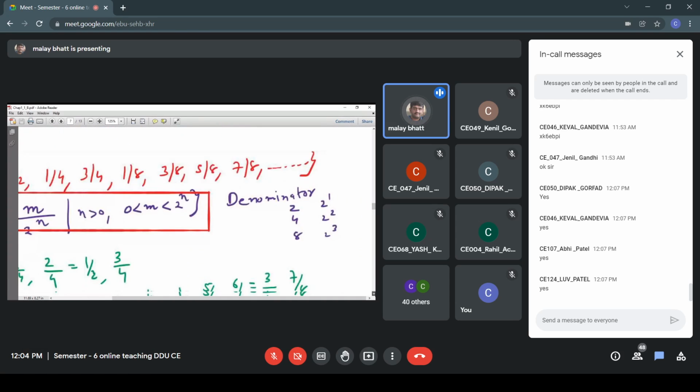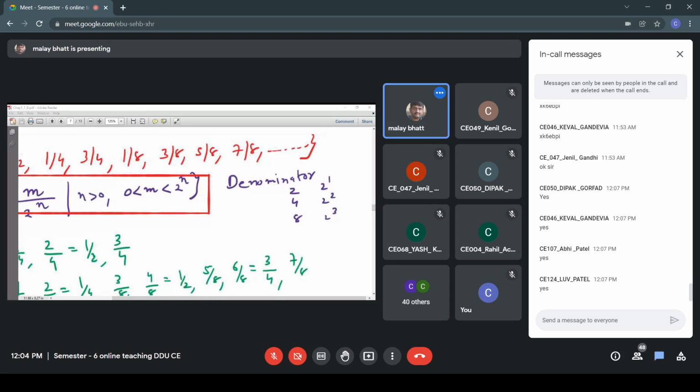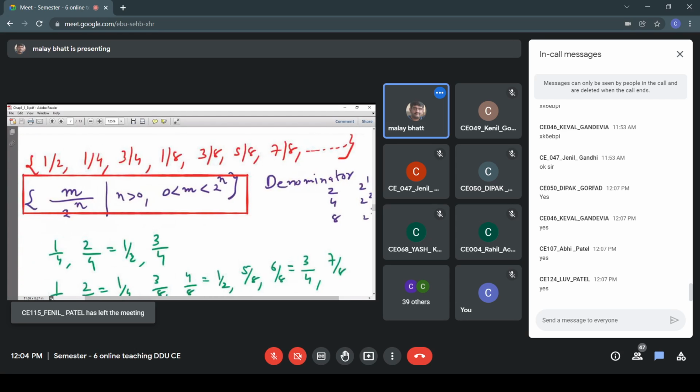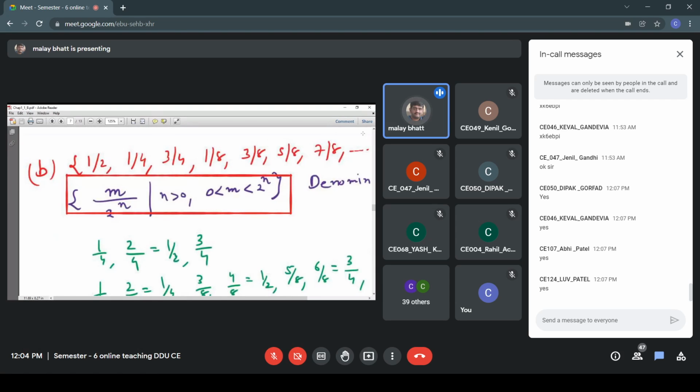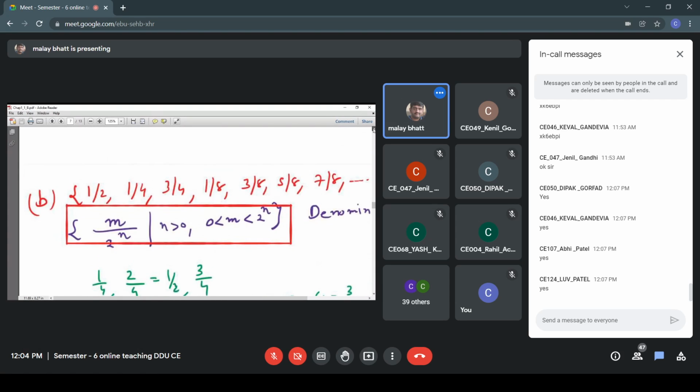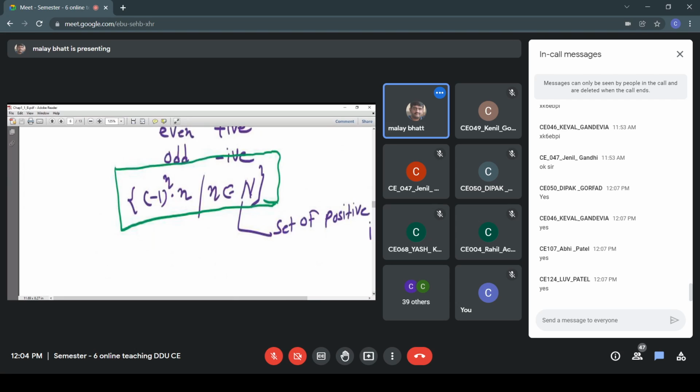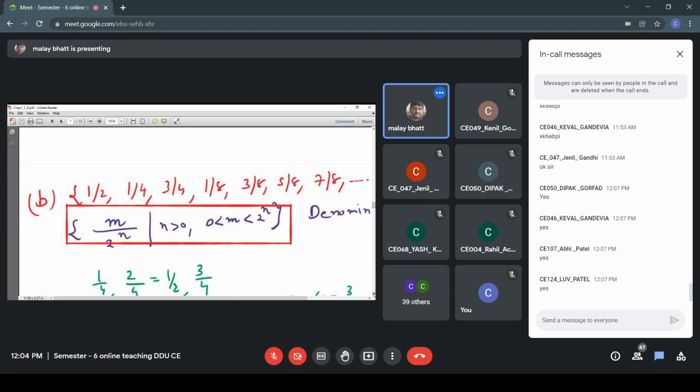Let us take the second example. You can see the second example here. It is 1/2, 1/4, 3/4, 1/8, 3/8, 5/8, 7/8.